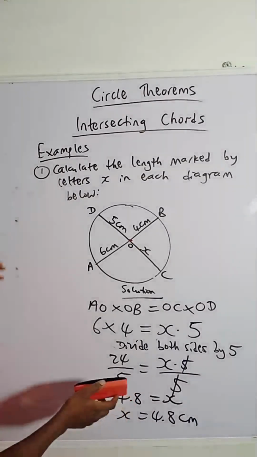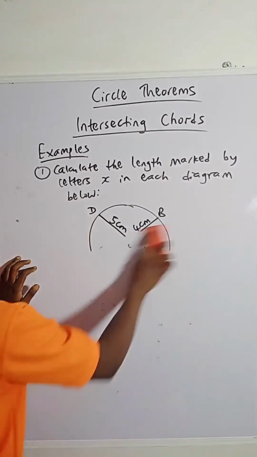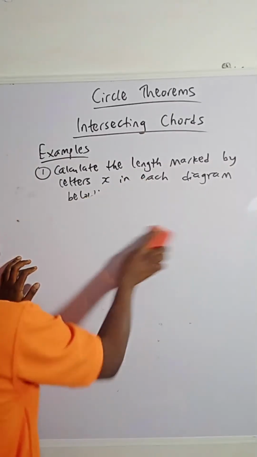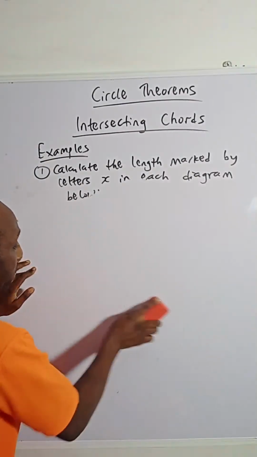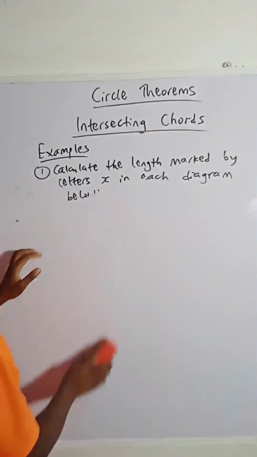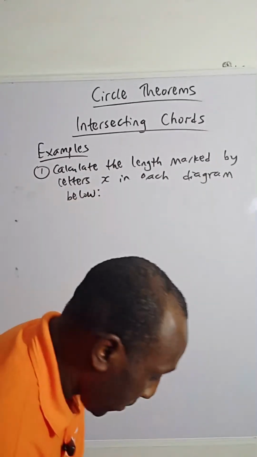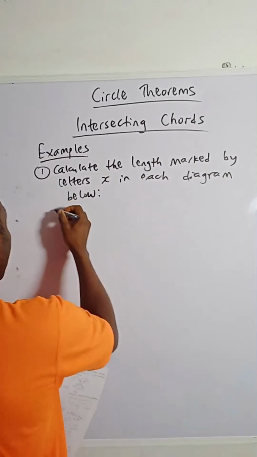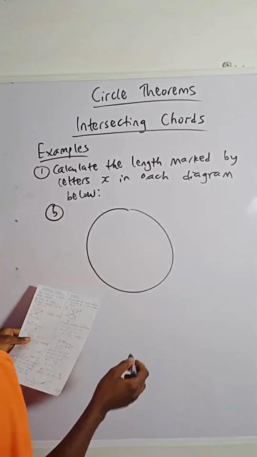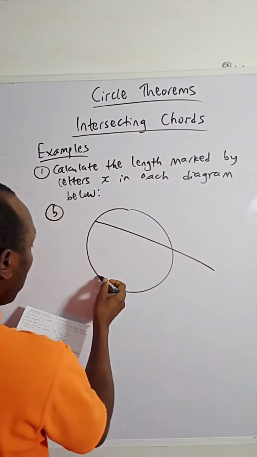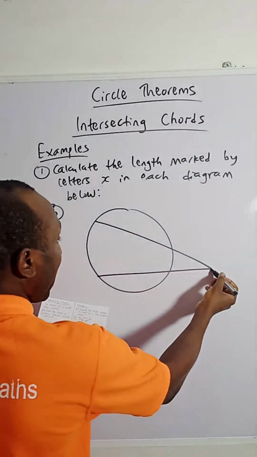Okay, so I have to clean this and let's treat another example. What we've done now is just the A part of this, so I'm going to leave this here as well. We're looking at another one, B. We have a circle, and then we have a secant, and they intersect at a point outside.